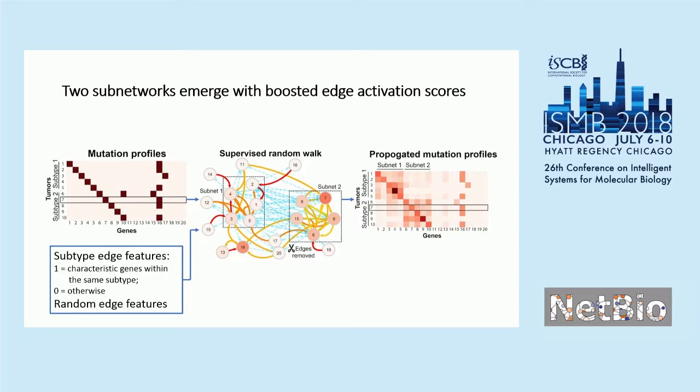Therefore, it assigned very high positive weights to those features. Consequently, two subnetworks emerged with boosted edge activation scores, characterizing the 2 predefined subtypes. And as a result, the propagated mutation profiles better delineate the 2 predefined subtypes.